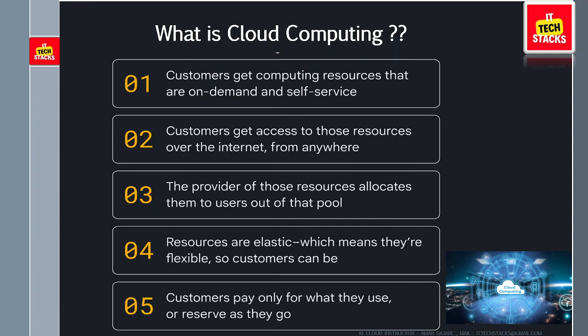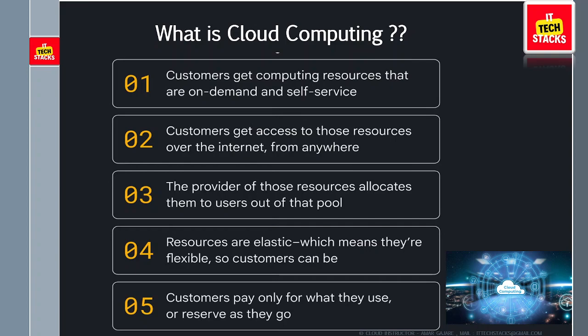If I run out of 1 TB, you need not worry. The provider has a huge pool of hardware and software. They can fulfill your request at any given time through a simple request.